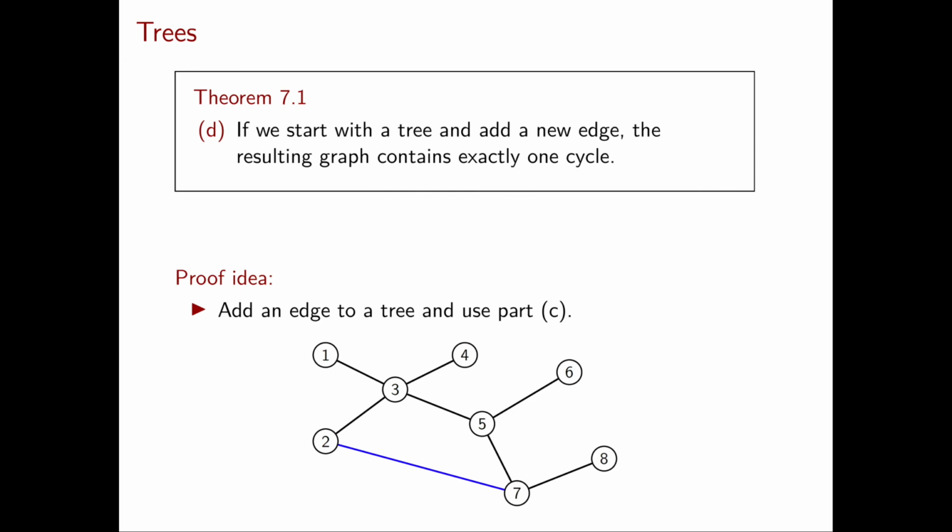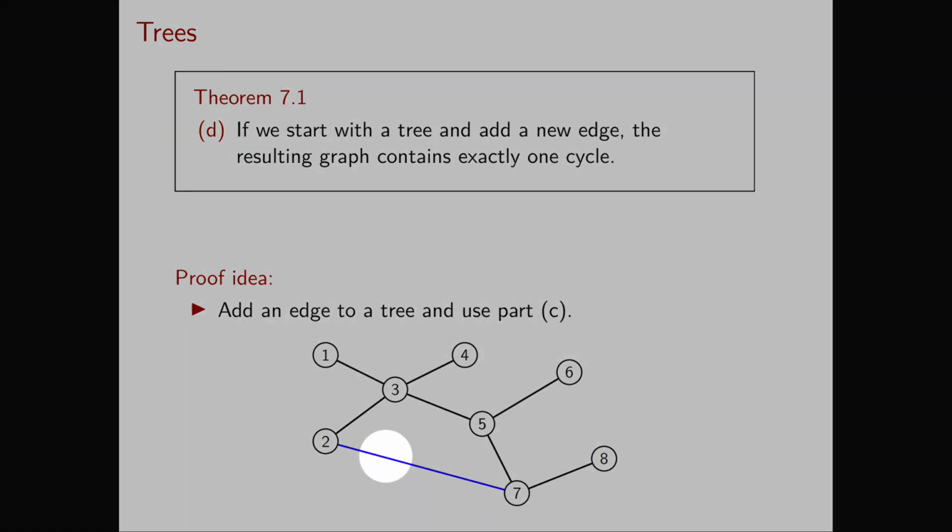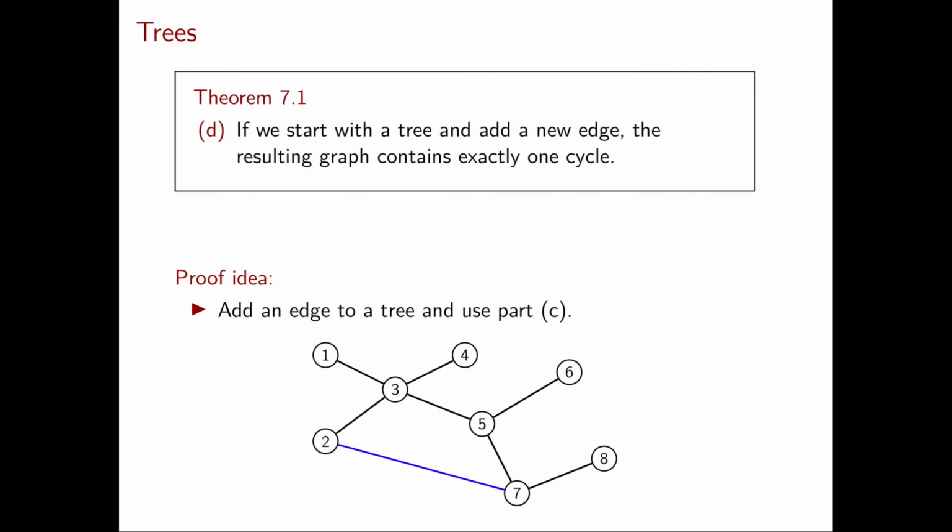But in part C, we have just shown that there exists exactly one path connecting our two nodes in the tree. As a result, there can be only one cycle in our graph obtained by adding the new edge. And this is exactly given by the unique path between those two endnodes and the new edge. With this, we have completed our proof sketch of Theorem 7.1, and this concludes our video on graphs.